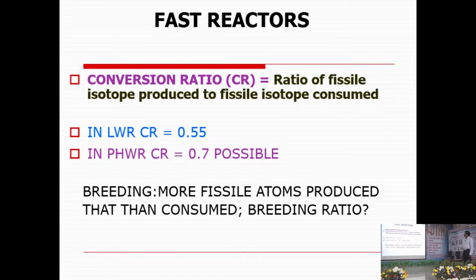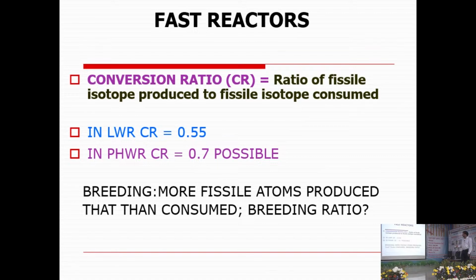The fast reactors, as I mentioned, fast reactors means we should not have any moderators. Now, in the case of the conversion ratio, as I mentioned, some of the neutrons will be used to convert the fertile to fissile elements. That is called conversion ratio, the ratio of fissile isotopes produced to the fissile isotopes consumed. How many fissile atoms we are consuming compared to how many fissile atoms we are producing.